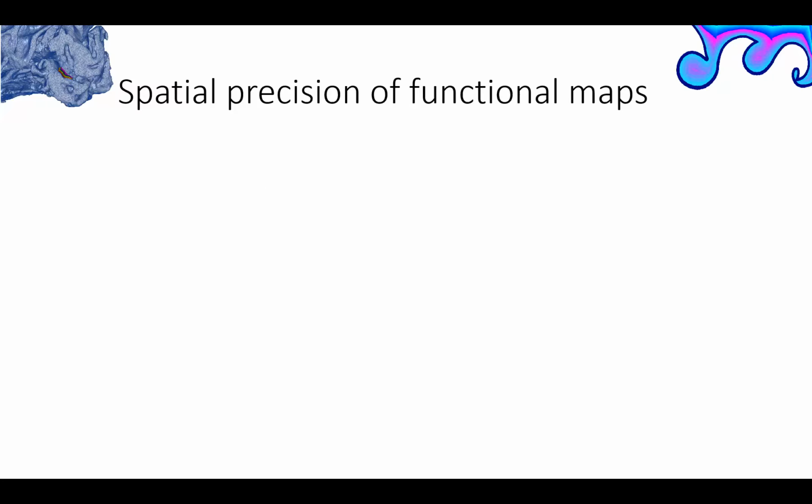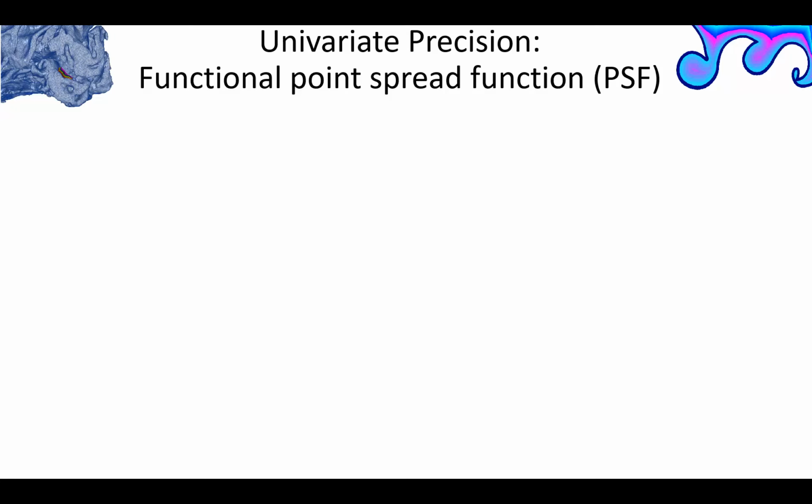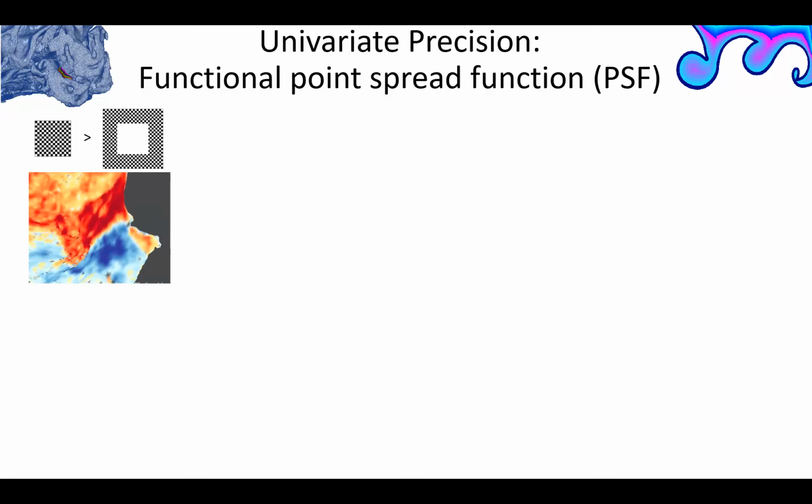So to try and understand what the spatial precision of our MVPA is, and whether that is actually higher than the precision that we can achieve with univariate amplitude, we need to think about how we can quantify the spatial precision. In a univariate perspective, it's relatively simple, especially if we are exploiting the retinotopic properties of V1, like I showed you the last couple of days. We can compute the functional point spread function, and just as a very quick recap, this is how it is done on an inflated cortical surface.